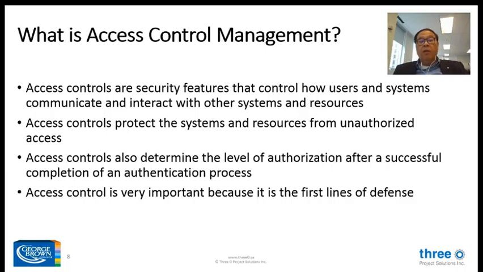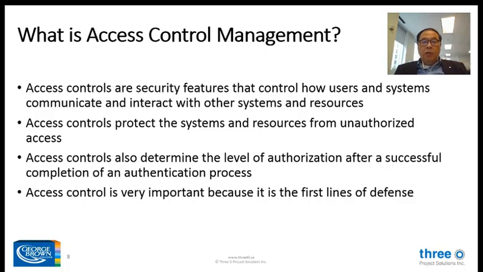So someone gets authenticated before they can have access. Access control management includes, as a big part of it, not just restricting but also granting or authorizing, and authenticating the process. Access control is also very important because this is the first line of defense, right?